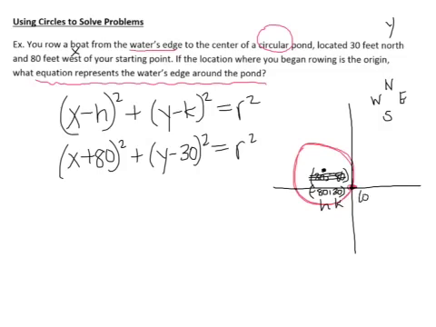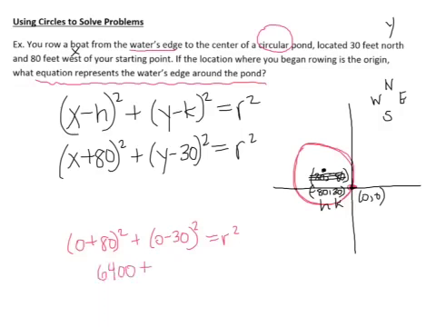So if I do that work down below, 0 plus 80, that quantity squared, plus 0 minus 30, that quantity squared, is equal to r squared, then I get 80 squared, which is 6,400, plus negative 30 squared, which will be 900, that's equal to r squared.